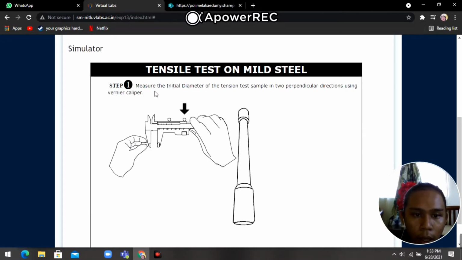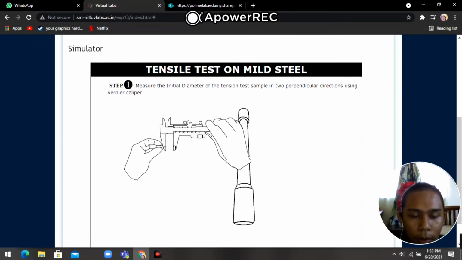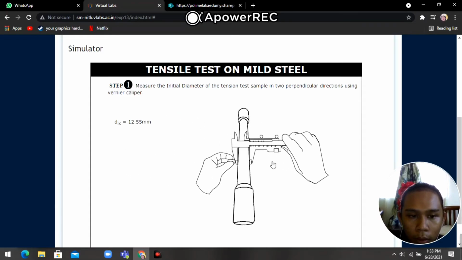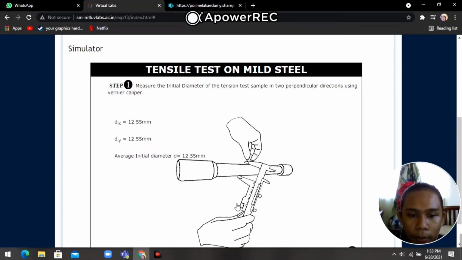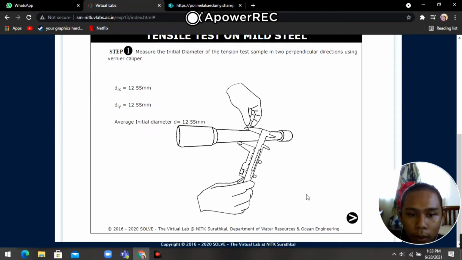Step 1: measure the initial diameter of the tension test sample in two perpendicular directions using vernier caliper. DX equal 12.55 mm, DY equal to 12.55 mm also.